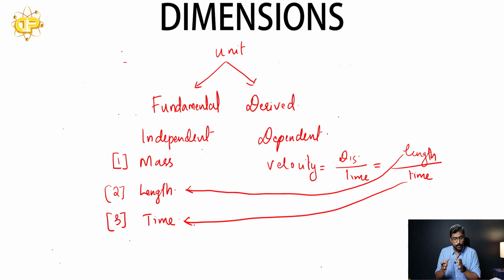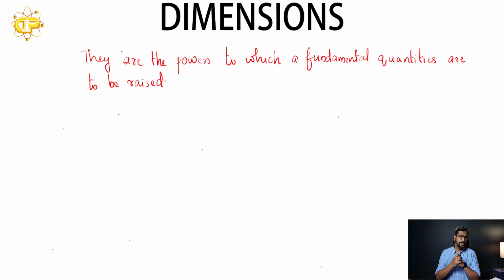Now we are going to define what we mean by dimensions. The definition of dimension goes like this: they are the powers to which the fundamental quantities are to be raised. For example, if I'm taking mass, how can I represent mass in dimension form?